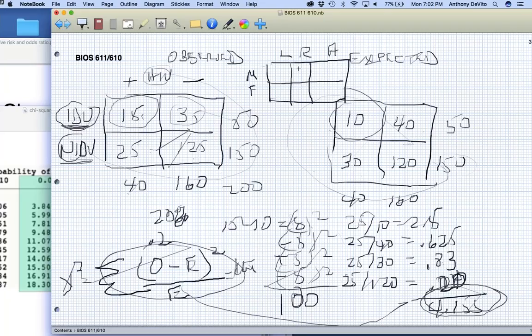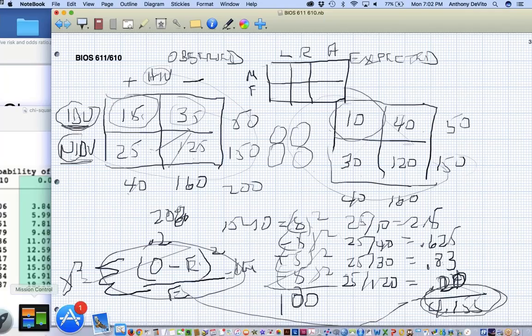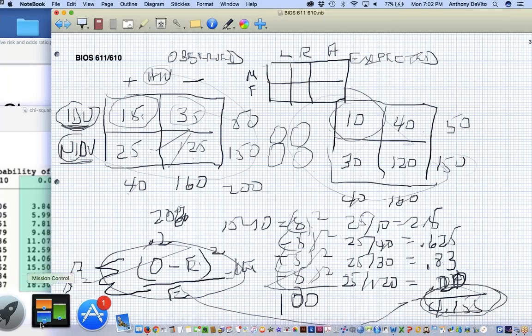So we have 3 values for the categorical variable handedness instead of 2 values. But we can still do the same thing, except this time instead of 4 cells that we calculate a value for, observed minus expected squared over expected, now we have 6 cells that we're calculating it for when we compare the observed and the expected values.